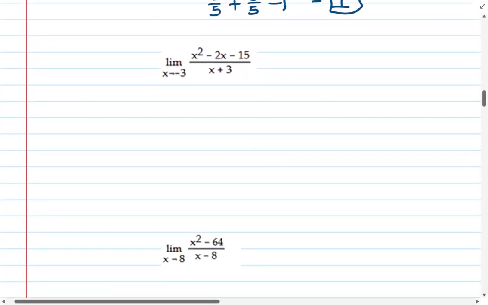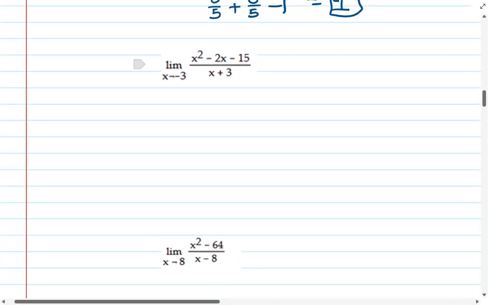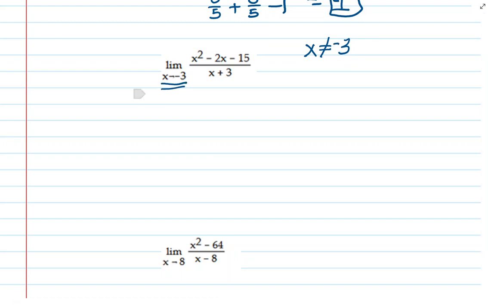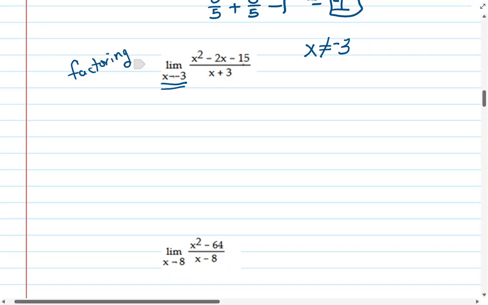Okay. Now here we have a binomial. We still have a rational expression. And we know that x cannot equal negative 3. And they want us to find the limit as x approaches -3. So we're going to do the factoring principle. And I have 15, and 15 is 5 times 3.